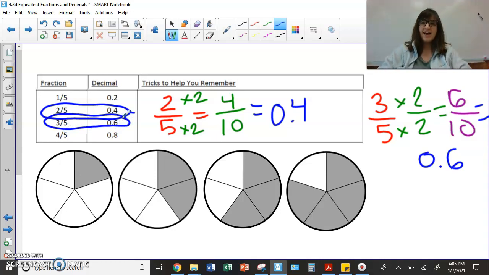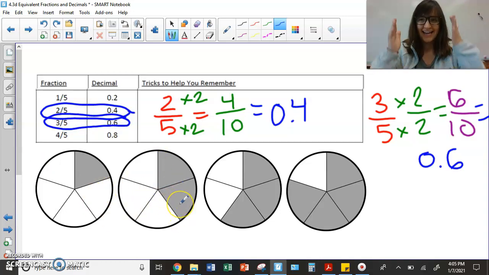You'll notice that because fifths are odd, and I look at my circles right here, I can't split my fifths exactly in half without creating smaller pieces. So I don't have a 0.5 equivalent to one of my fifths, because I can't split 5 evenly in half without making even smaller pieces.